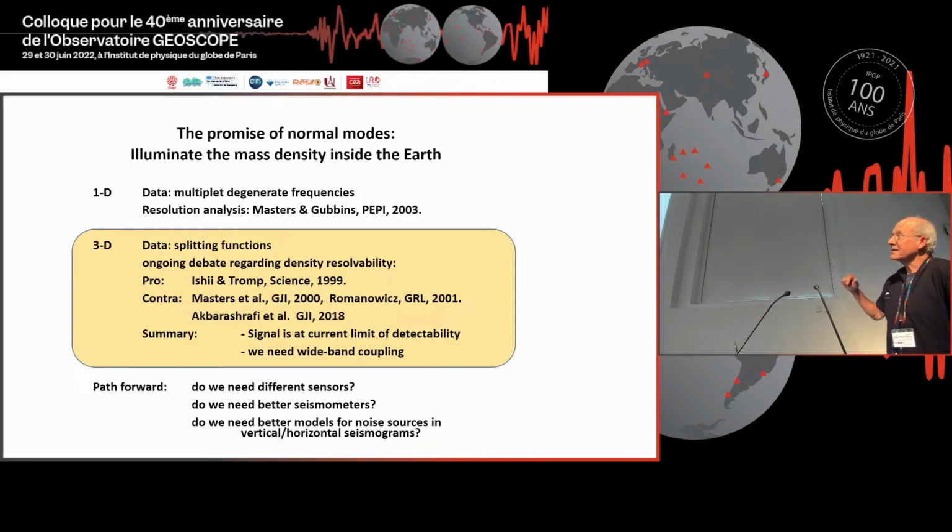There's one publication in Science in 1999 where it was advocated that it's possible, and Barbara and Guy Masters shortly thereafter countered and put a big question mark behind these models of 3D density.